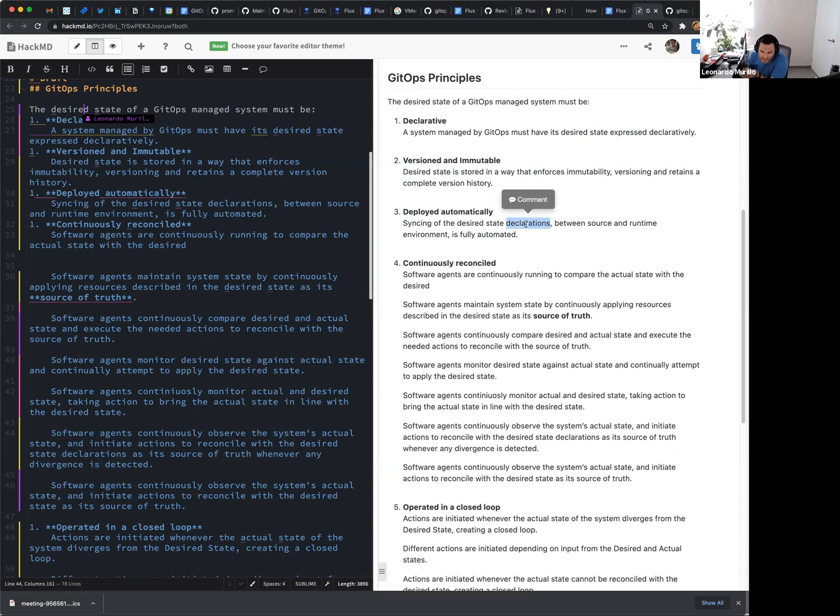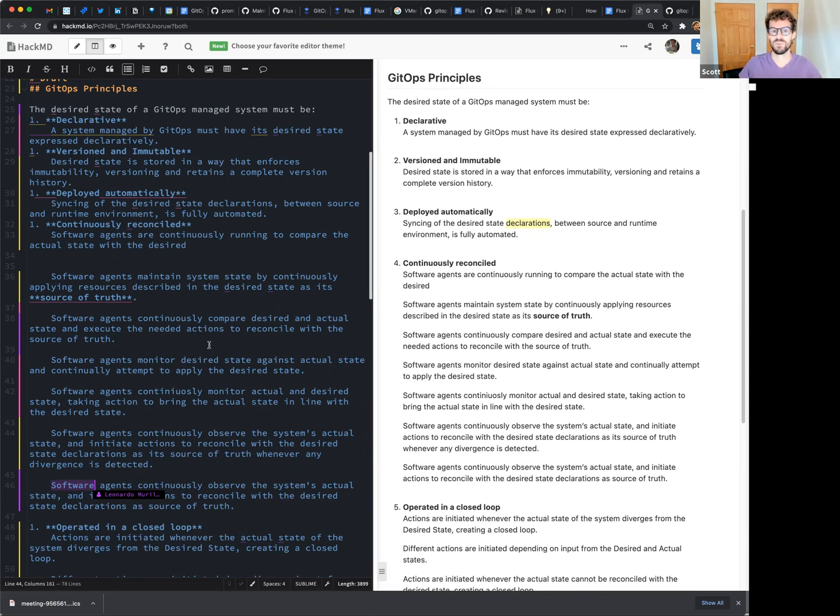I think it's pretty obvious that the first couple of things are describing the declarations. That's the reason, when we say desired state, we are talking about something that is declarative, because the first principle says its desired state is expressed declaratively. I agree with you. Any of those could work. I'm not trying to create a hill to die on unnecessarily, but the only reason that feels weird to me is that it's very easy when someone describes the desired state to think about the actual state store itself, the source of truth state store itself.